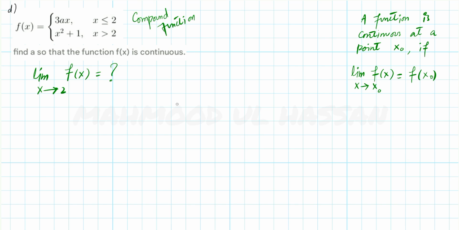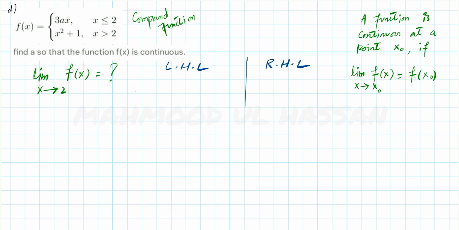Okay, so let's say this is my left hand limit, and on the other side here we have the right hand limit. When x is greater than 2, we have to use the right hand limit, and when x is less than or equal to 2, we have to use the left hand limit.